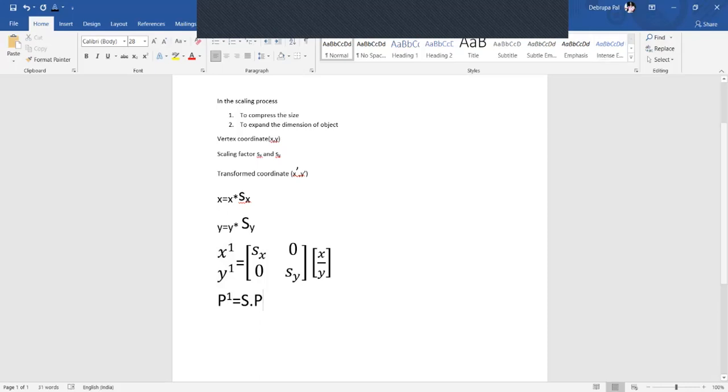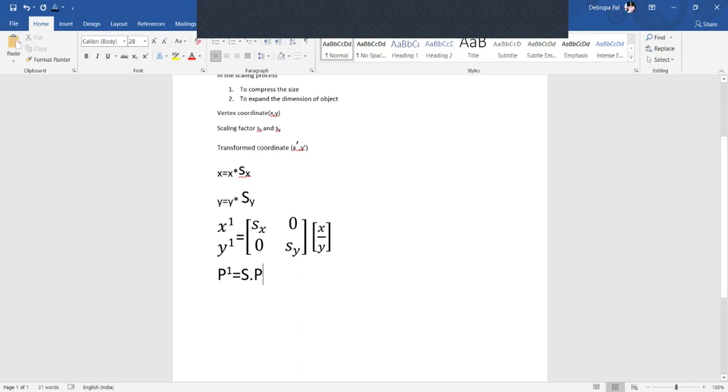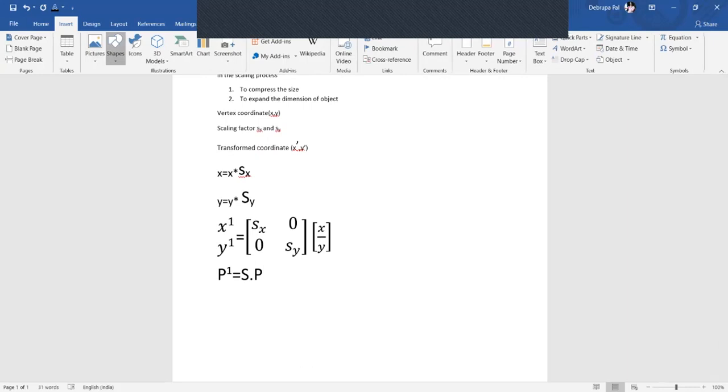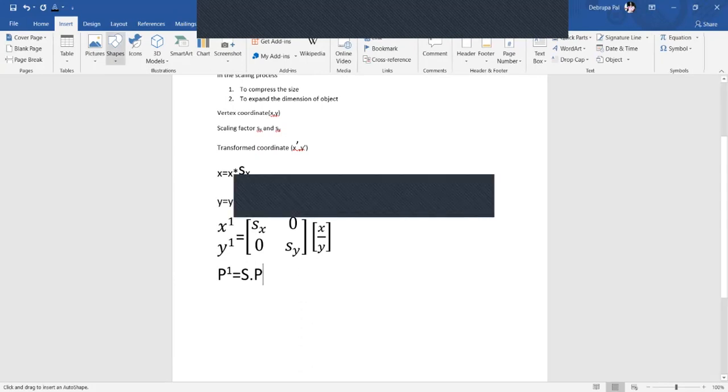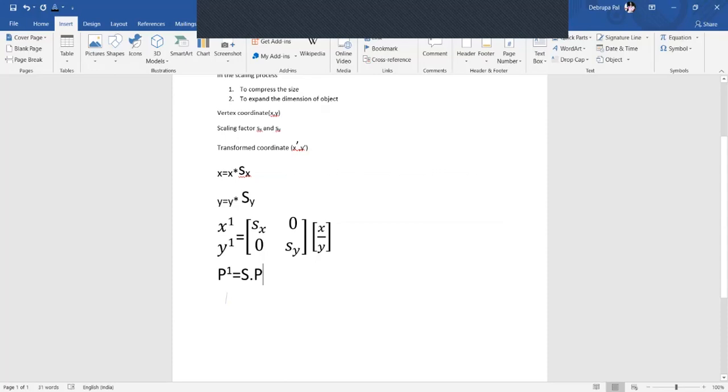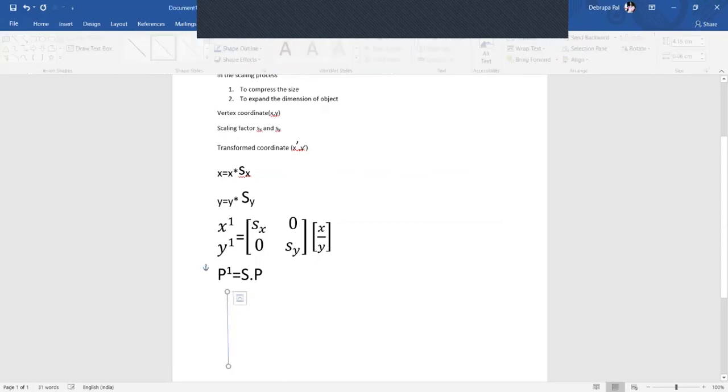Now, if we want to look into the diagram of the scaling process, how will it look? We will draw the X and Y coordinate axes.